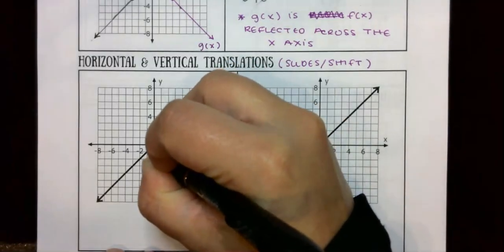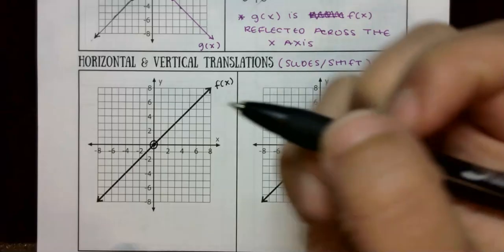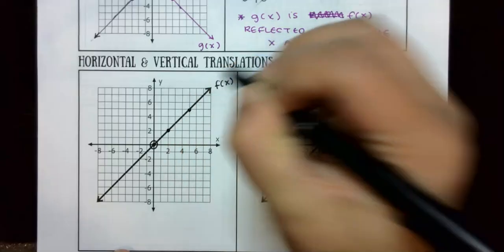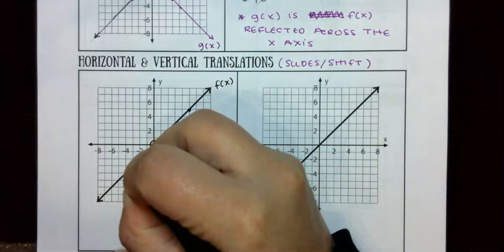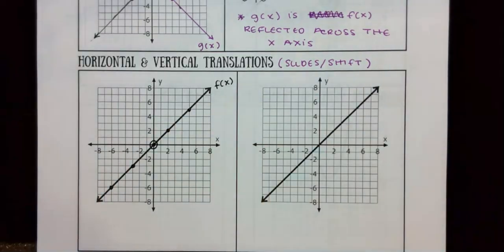I'm actually going to circle the origin because that's the one that's going to let us know which direction this line is moving in. All right, so from here, I'm going to pick a couple more points. I'm going to pick 2 more points, and there is nothing special about the points that I am picking. Okay? I just need points on both sides of the line, and you can pick any of them or all of them that you see on here.